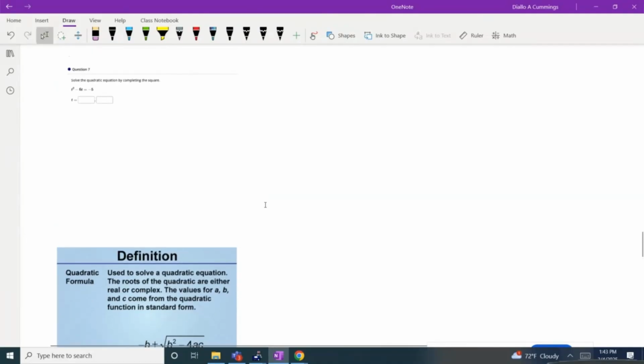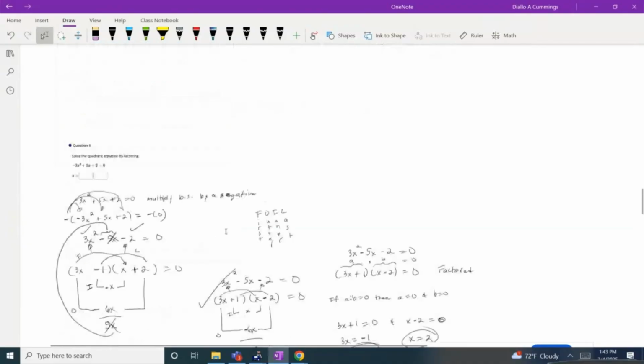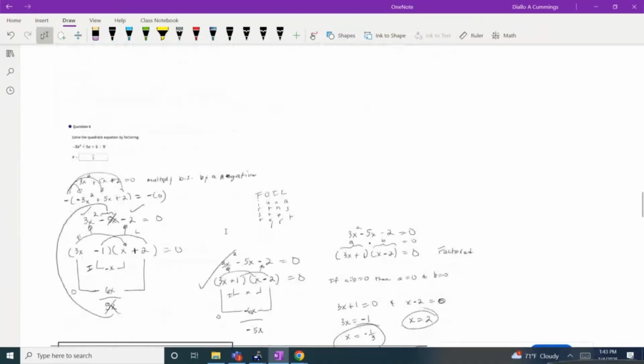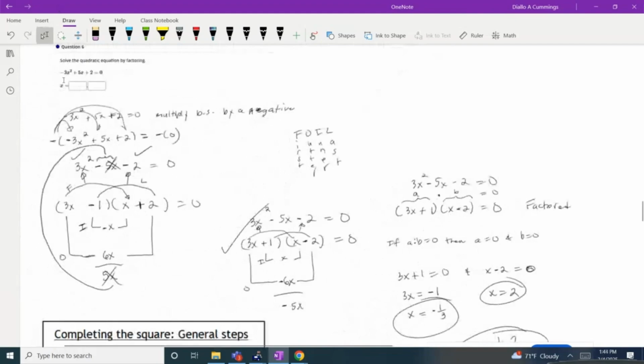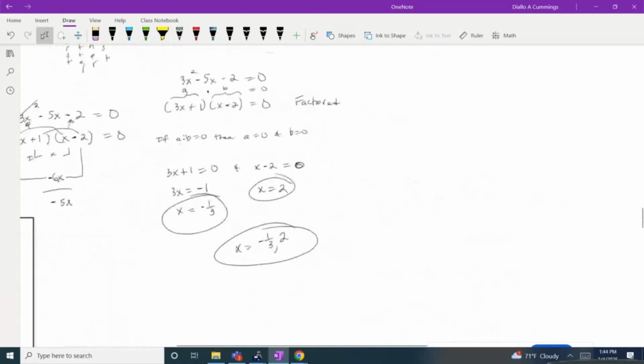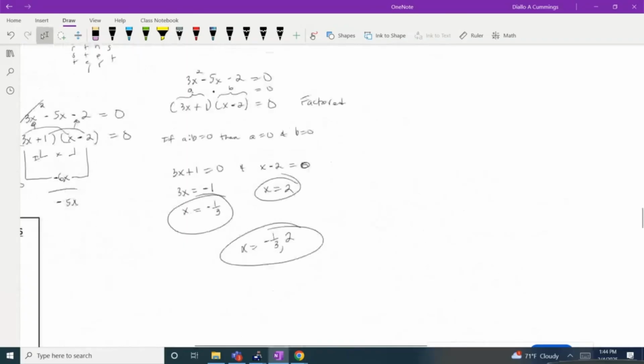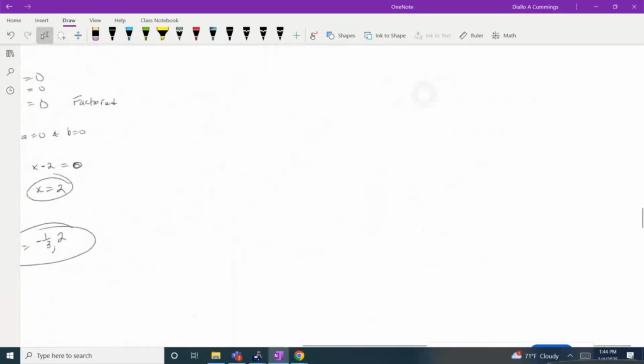All right, so I'm going to rewrite that formula. But let's go back to this problem. Negative 3x squared plus 5x plus 2 is equal to 0. And we're going to use the quadratic formula.